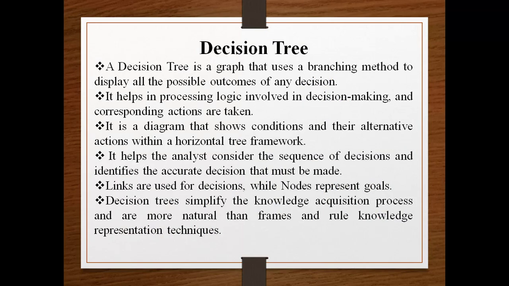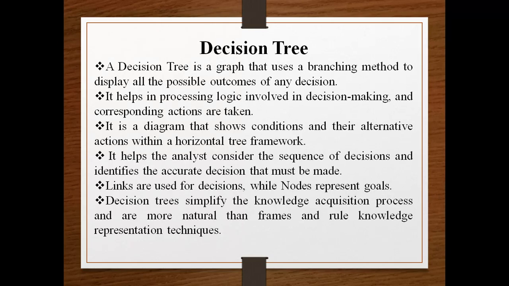Now decision tree is a graph which has a branching method. It displays all possible outcomes of any decision. We'll be seeing this particular decision tree with an example in the next slide. So it helps in processing the logic involved in decision making, and corresponding actions are taken. You decide, you act. This is how a decision tree is done. It is a diagram which will show conditions and their alternative actions within a horizontal tree framework.